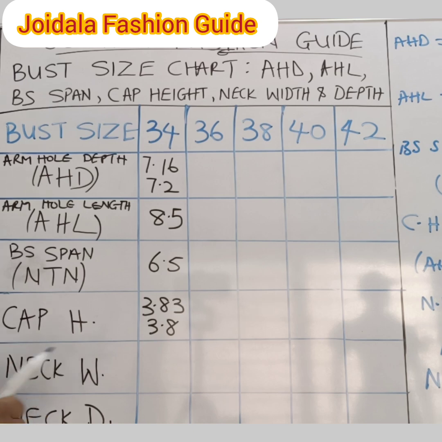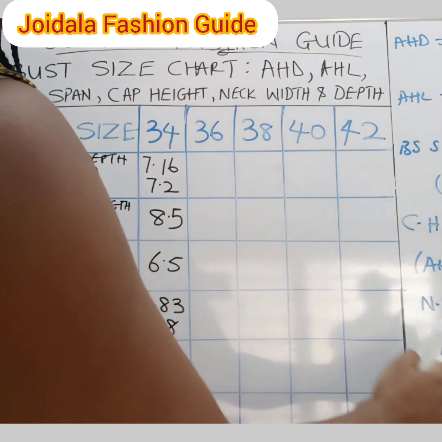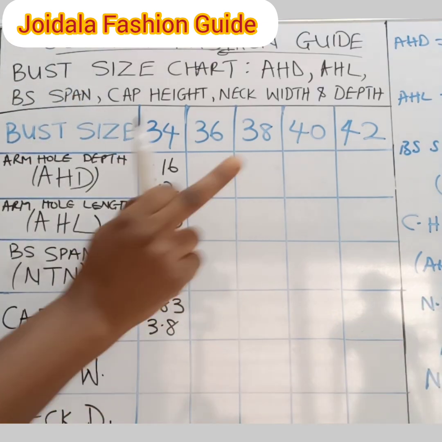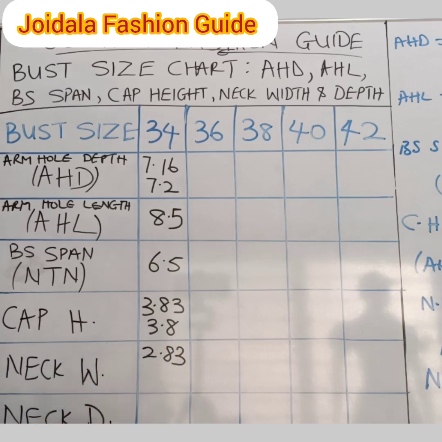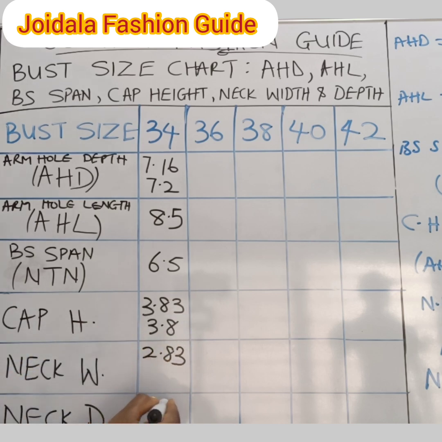And then neck width, we said the neck width is the bust circumference divided by 12, and that will give us 2.83. When you subtract 0.5 from that, you have 2.33. So this you can approximate to 2.8, and this to 2.3.